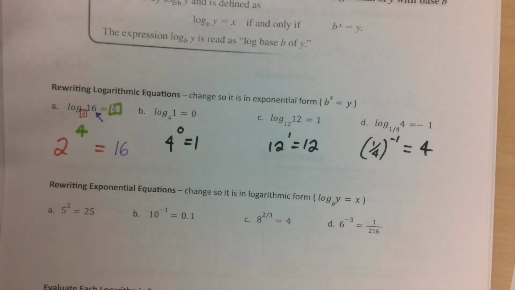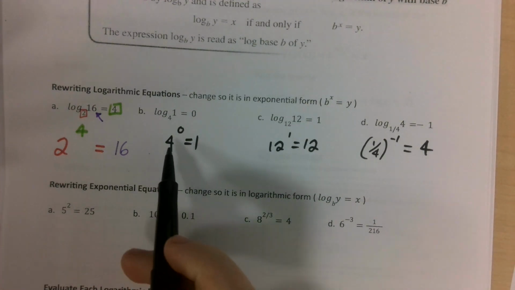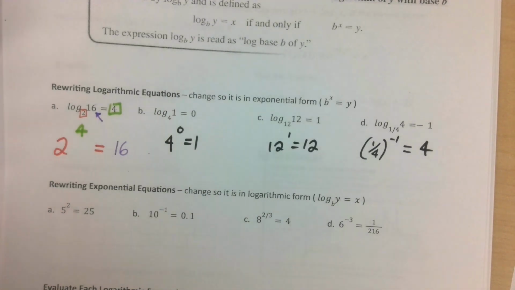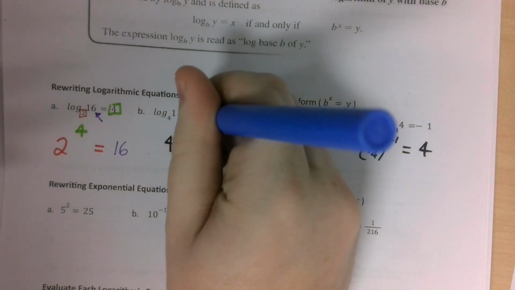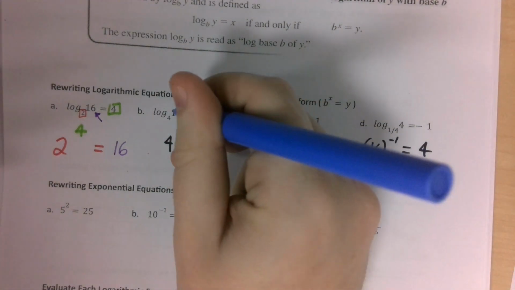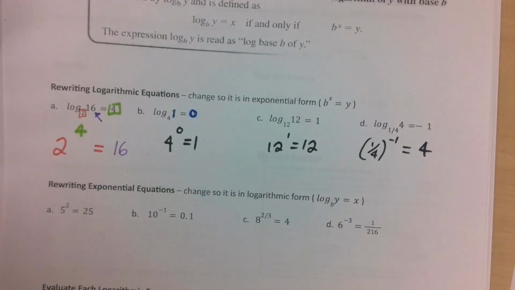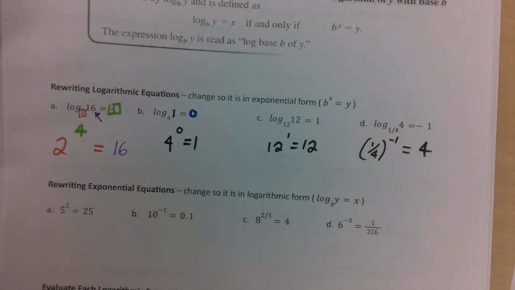How'd you do? We see here that 4 to the 0 power equals 1. Well, of course it is. Anything to the 0 power is 1. That actually means something very interesting for logarithms. When a logarithm equals 0, the argument must be 1. So that's kind of a cool little trick.